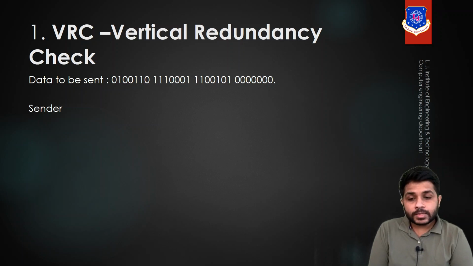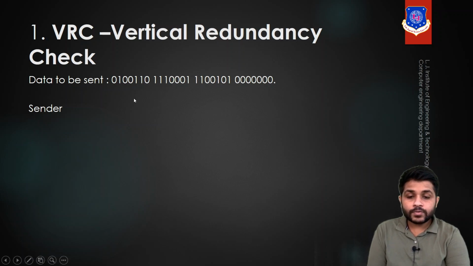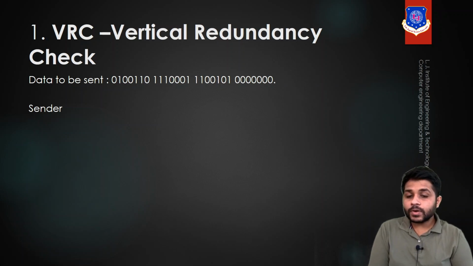In the VRC method, first of all, whatever data we are interested in sending will be divided into blocks. Imagine right now the length of the block is 7 bits. So we will divide this data into 7-bit blocks. So how many blocks will we get? We will get 4 blocks. After that, we will add an extra bit to each and every block depending on the parity. So in the VRC, we can work on either even parity or odd parity.